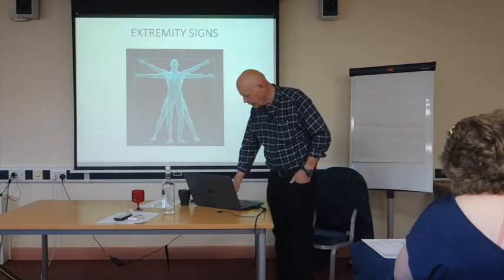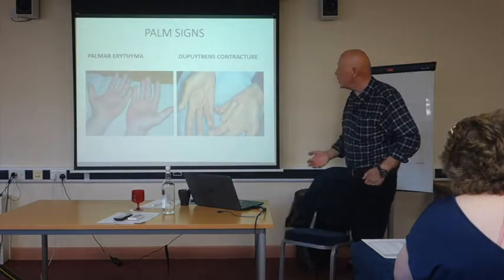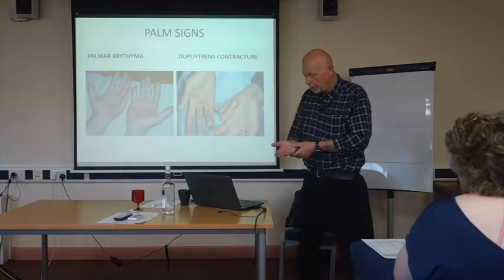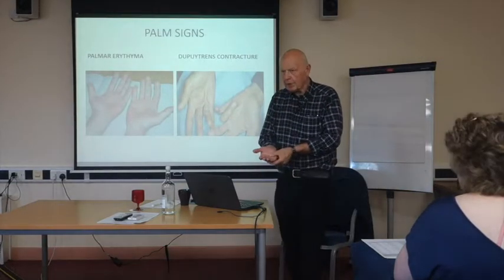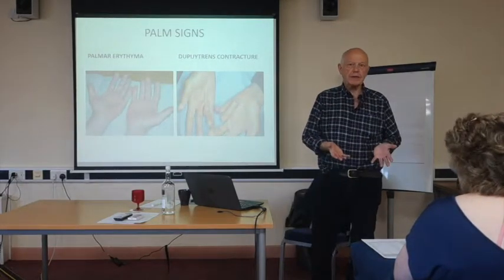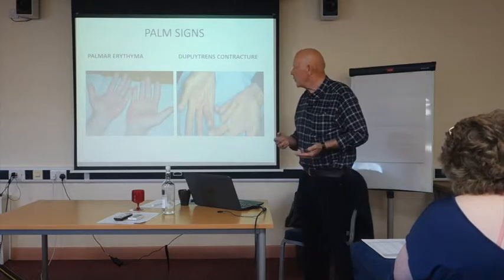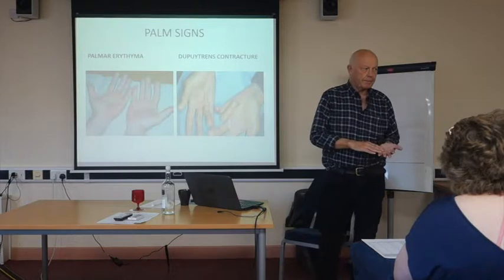So the sort of signs that you might be looking for on the palm, palmar erythema, there's a redness over the palm area, and you can get the same thing on the soles of the feet. And if you've got that, that is a sign that potentially there might be liver dysfunction.